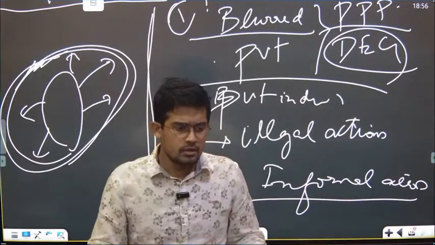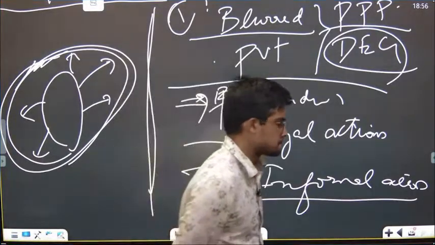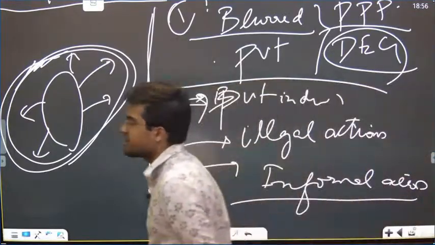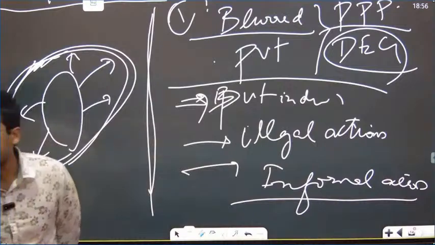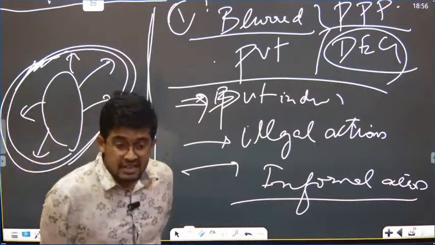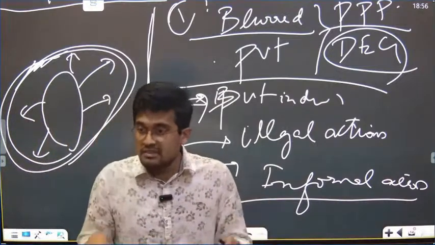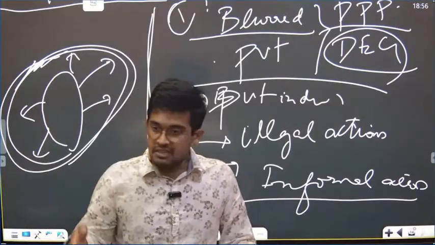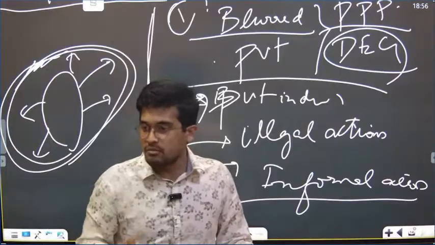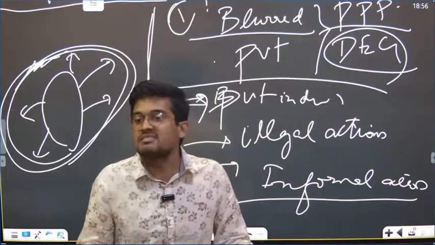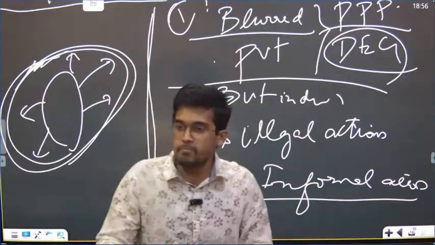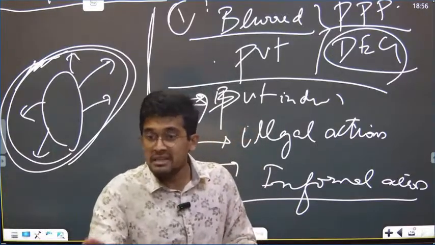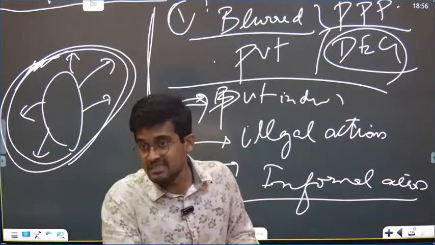So this is where we say this boundary is not fixed, but it is not boundaryless either. The boundary is very elastic in nature. There is flexibility in the boundary. If it is elastic, it can go back and forth, but that does not mean it does not exist. It can accommodate new things. It can let go of old things, but that does not mean there is no boundary. It is elastic in nature.